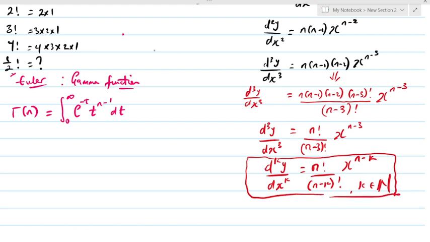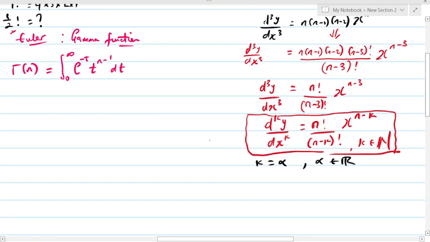Alright. But what if we now decided that with this, let's substitute our k to be equal to alpha, where alpha is now a real number, that is, alpha can now be a fraction, in this our equation.